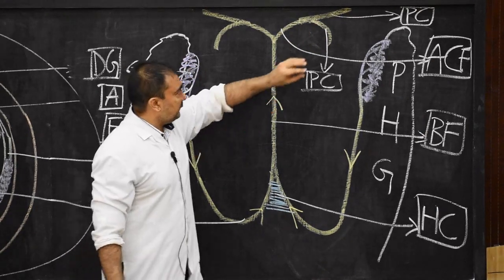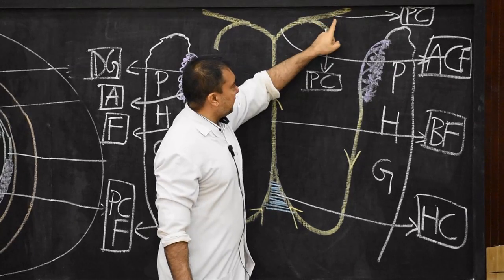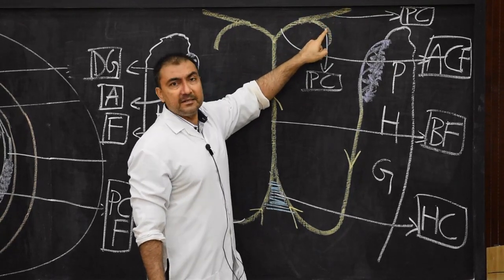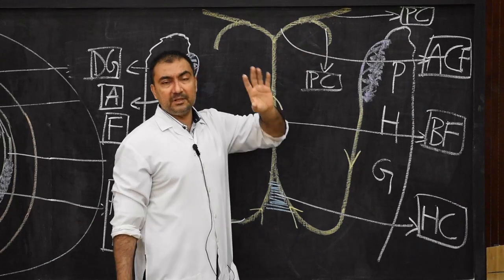Therefore, fibers passing in front of the anterior commissure will be known as precommissural fibers, and the fibers passing behind the anterior commissure will be known as postcommissural fibers.